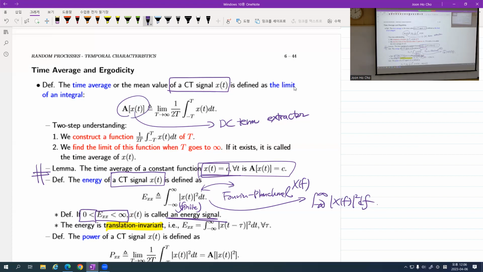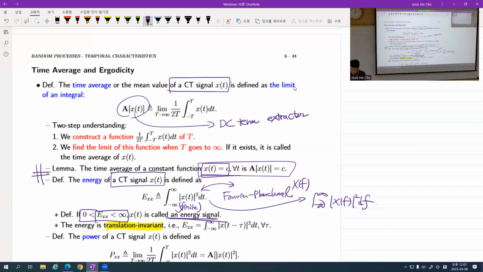The problem is that as electrical engineers, sometimes we have to model our signal as an infinite energy signal. The most representative example is a signal passing through a power line. We just model it as a cosine function or sine function, right?